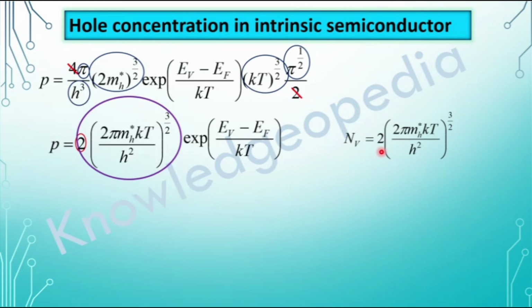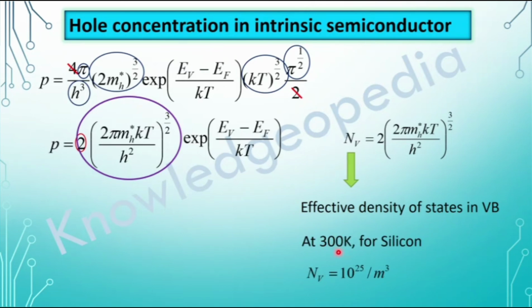Nv is equal to 2 into 2 pi mh star kt by h square whole to the power 3 by 2, and this Nv is known as the effective density of states in the valence band, and for silicon at 300 Kelvin, this value is equal to 10 to the power 25 per meter cube. This is density of states, and states are nothing but numbers, so it is 10 to the power 25, and as it is density, this is per meter cube.